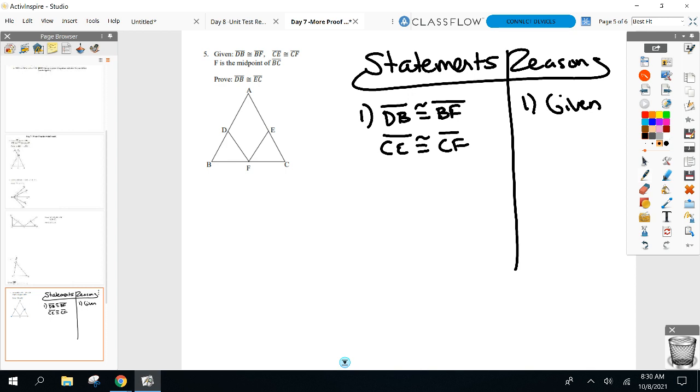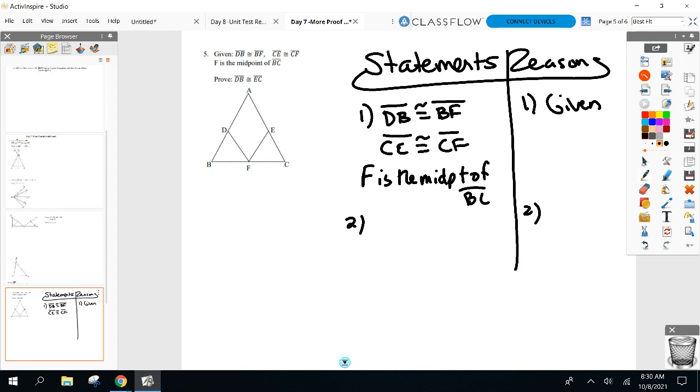So I keep looking, and then they give me this given. F is the midpoint of BC. What segment's being cut in half?